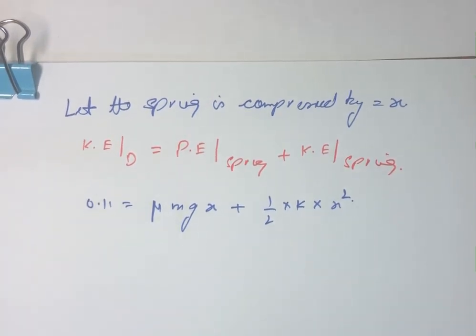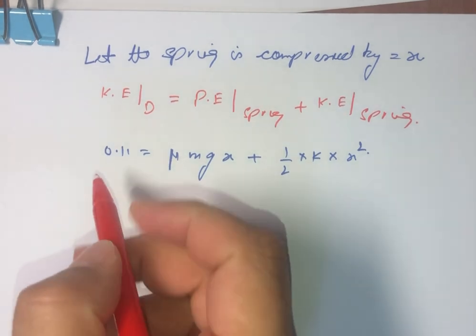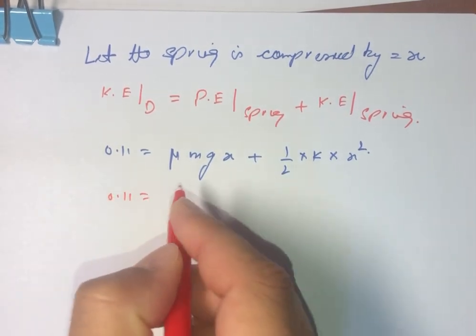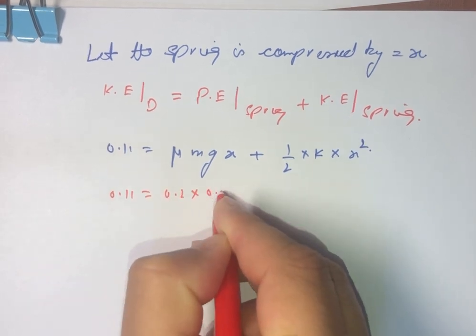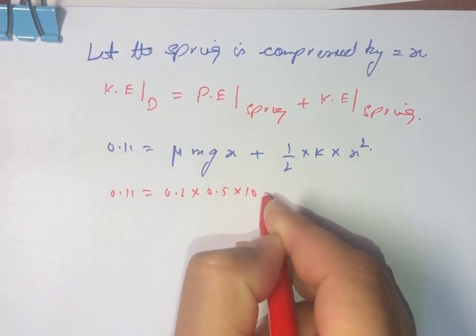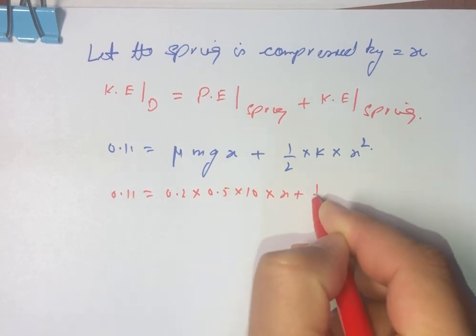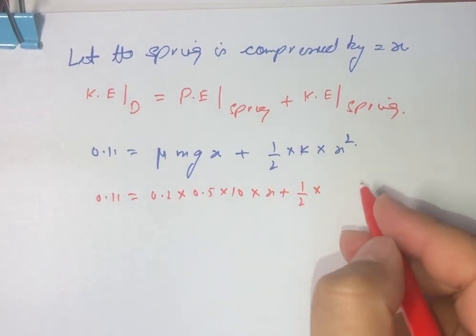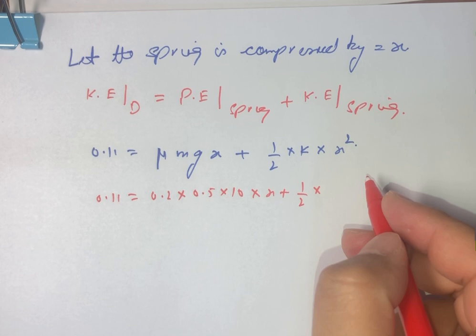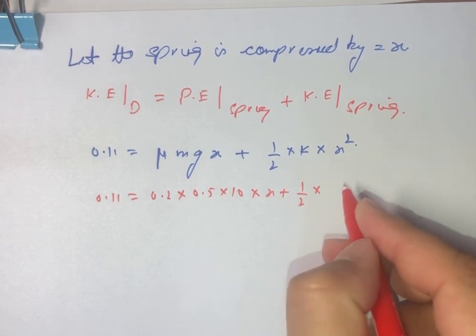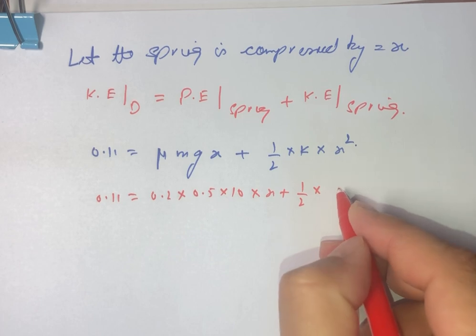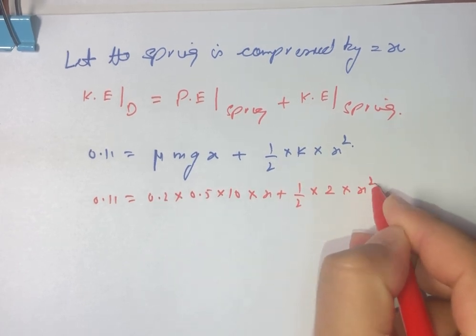We substitute the values. We can say that 0.11 is equal to 0.2 times 0.5 times 10 times x, plus half times k, which is 2, multiplied by x square.